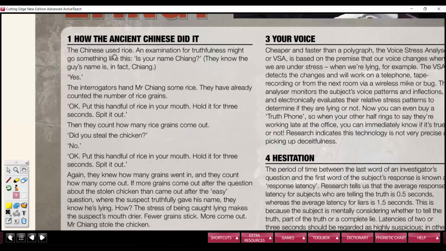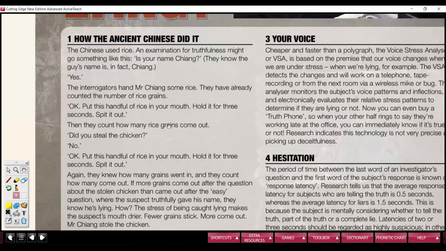The Chinese used rice. An examination for truthfulness might go something like this. Is your name Chan? They know the guy's name is, in fact, Chan. The person says yes. The interrogators hand Mr. Chan some rice. They have already counted the number of rice grains.